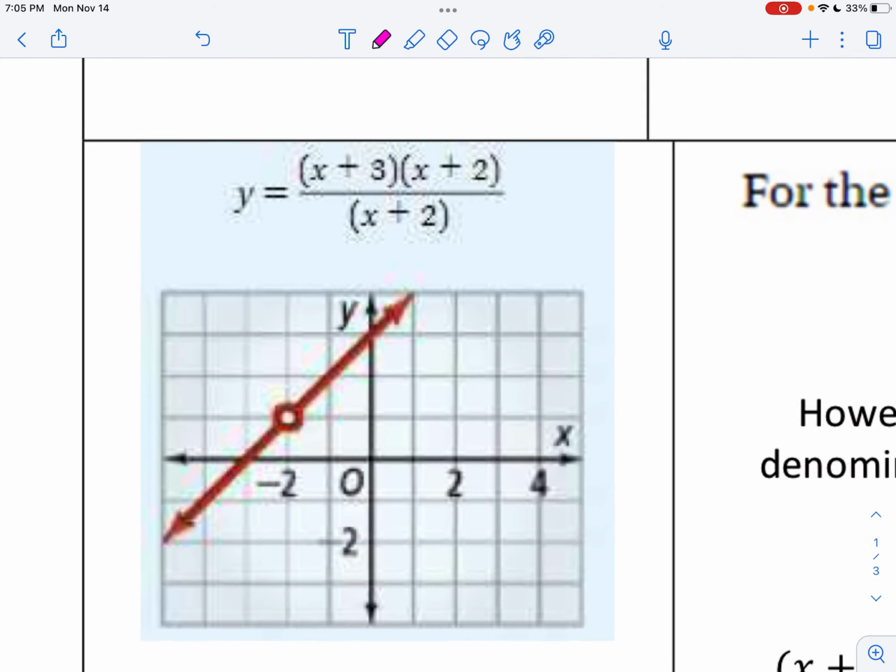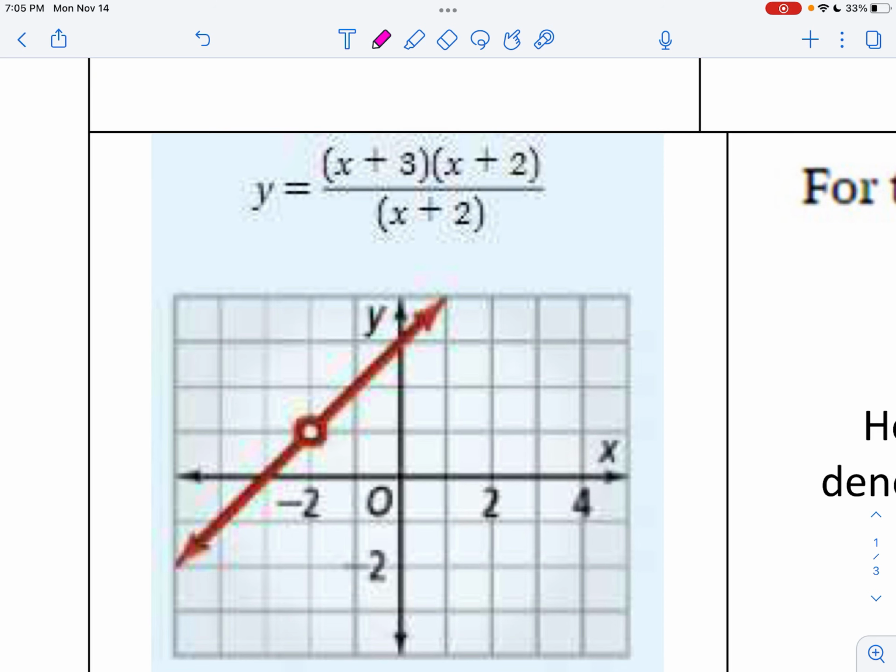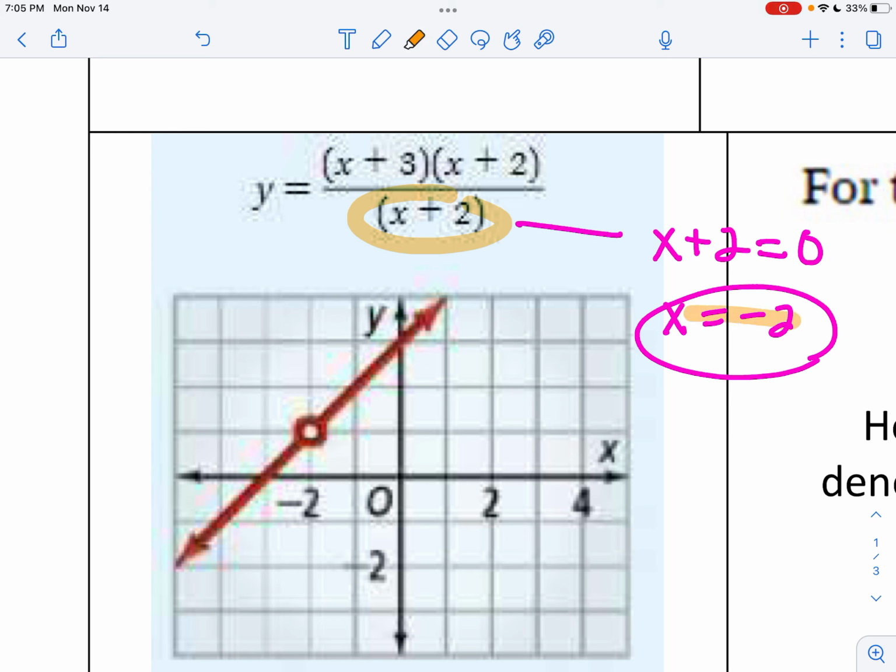This is discontinuous because there is a number that would make this denominator 0. Do you know what that number is? -2. So if you do x plus 2 equals 0 and you subtract 2, you get that magic number. That is a no-go, because if you plug -2 in, you get 0 on the bottom, and if you try to divide by 0, it blows up.